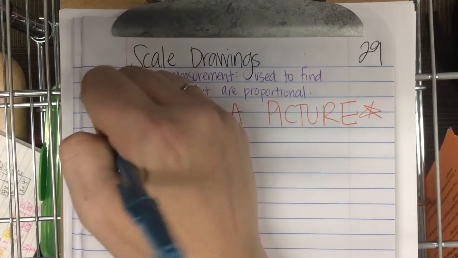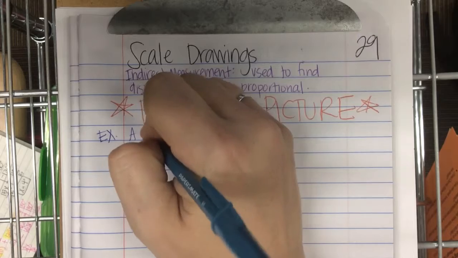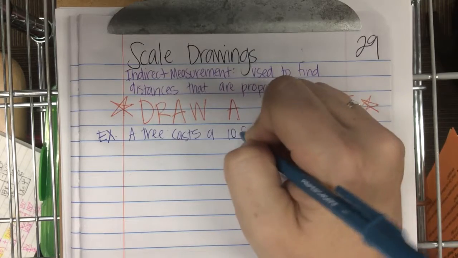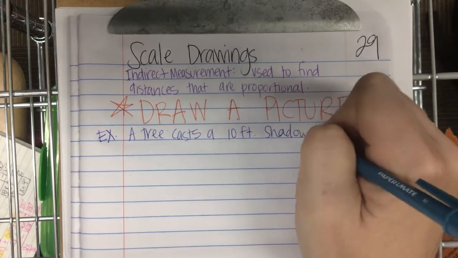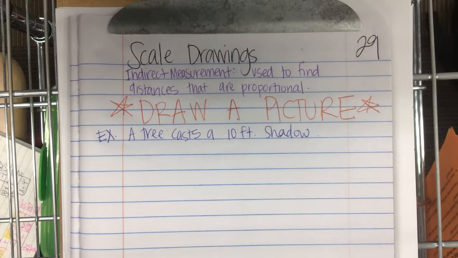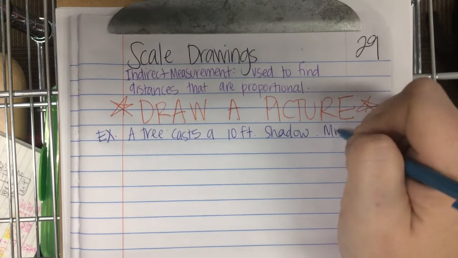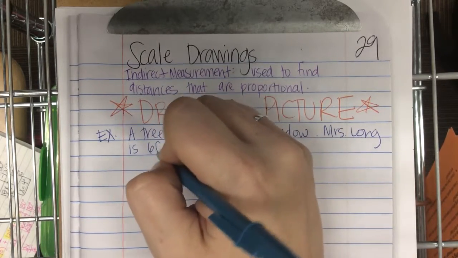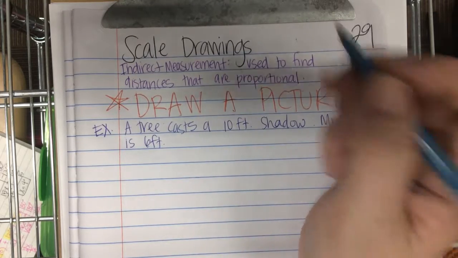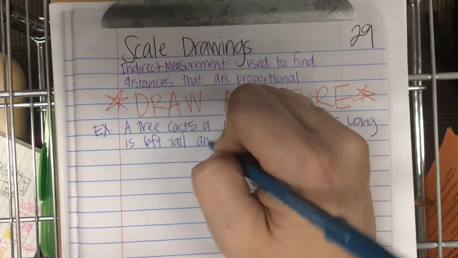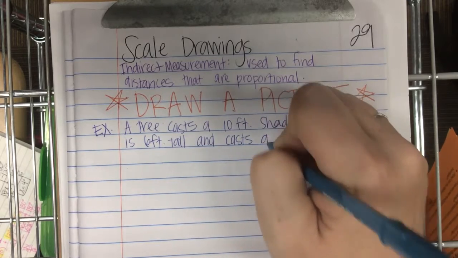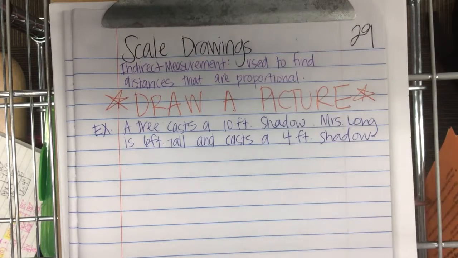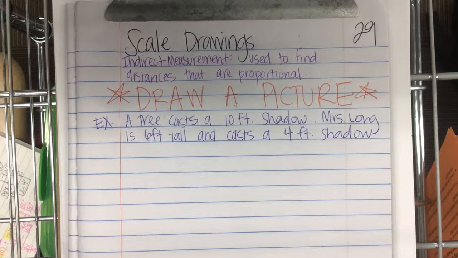Here we go. Example. A tree casts a 6-foot shadow.